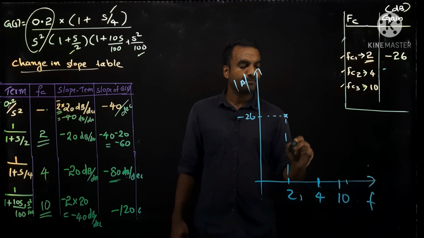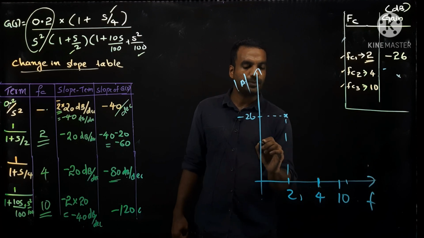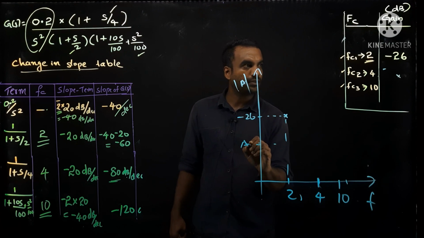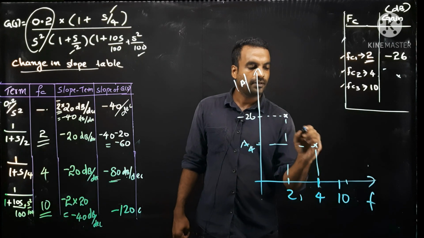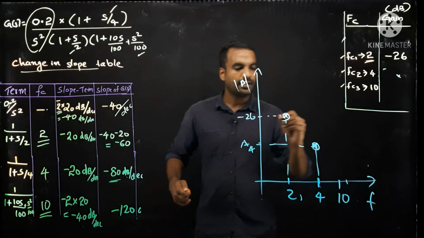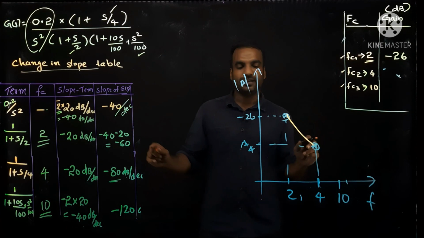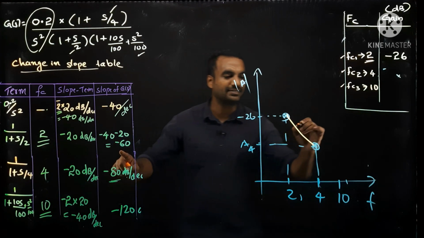Suppose I find the gain at corner frequency 4, that will also be a negative value. I will get this point. I will connect it using a straight line, and the slope of that line from 2 to 4 is minus 60.